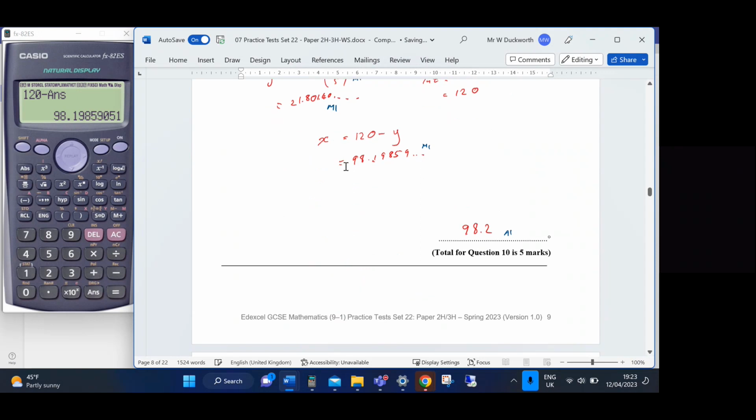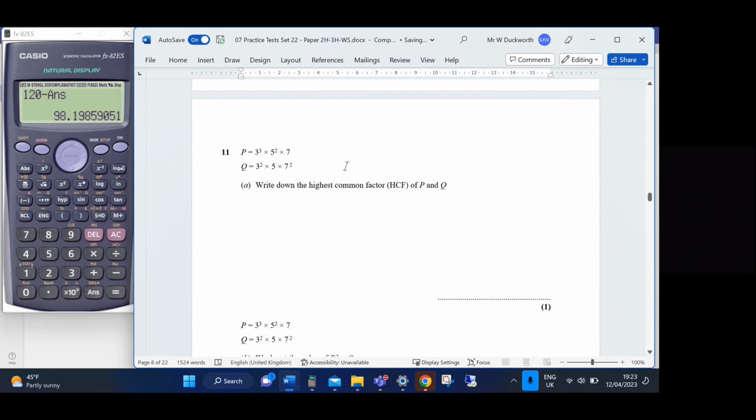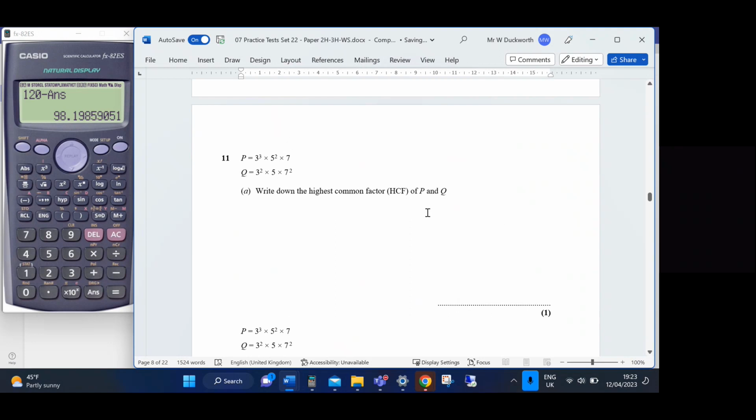Okay, right, question 11. Write down the highest common factor of P and Q. It doesn't strictly say write down the value, so I could write it in terms of prime factors.